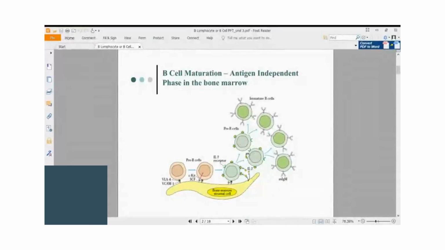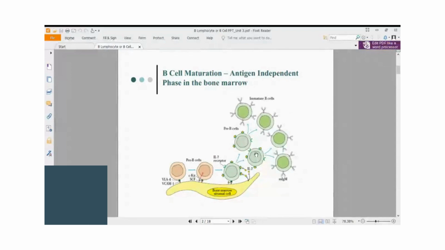So once these clones of pre-B cells are produced because of the response to IL-7, in the nucleus of the pre-B cell some genetic change will take place, because the B cell is designated to produce antibodies after its differentiation.